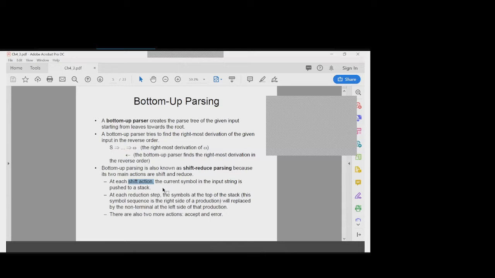So you are going to take another symbol, which is small b. Suppose you have ab as a production, then you have to take the next symbol b and then reduce. So when you are taking the b symbol, that step is called a shift action.